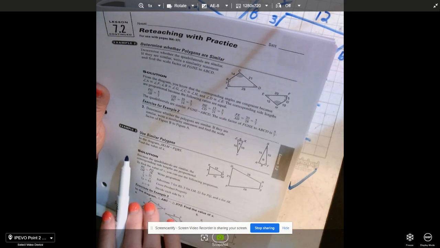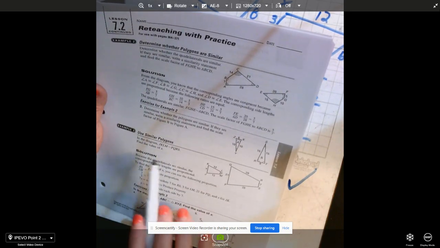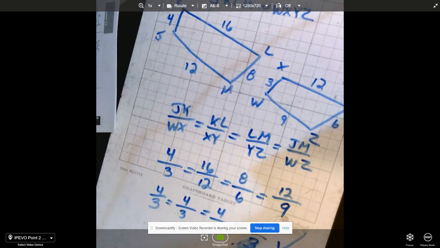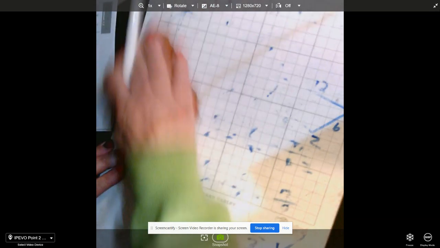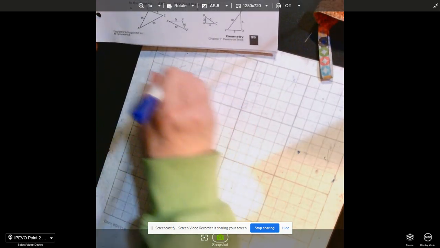And on example 3 here, they actually now are going to use the information to solve for x. So I'm going to do this one out with you. On this example, they say they have 2 polygons. Let me draw them out again a little bit here.